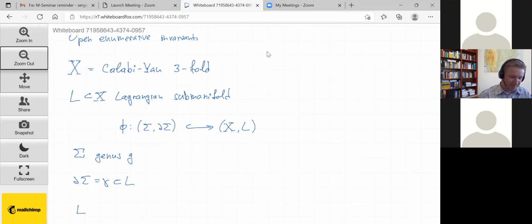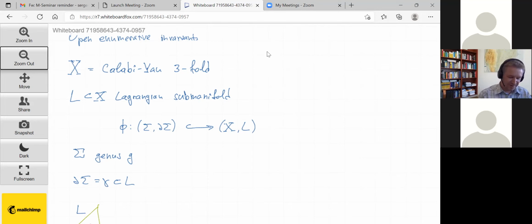So here is a picture of what's going on. If this is our Lagrangian shown in green, then gamma will be a curve in some homology cycle. I'll specify that in a second.